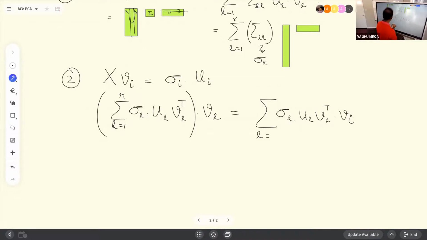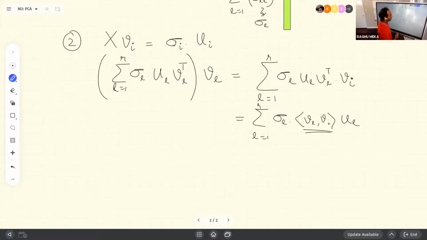Right. So what I have here is summation L equals 1 through R of sigma L times the inner product of VL and VI, times UL. Okay, and we know that these are 0 except when L equals I, because the columns are orthonormal. So I just get sigma I times UI.